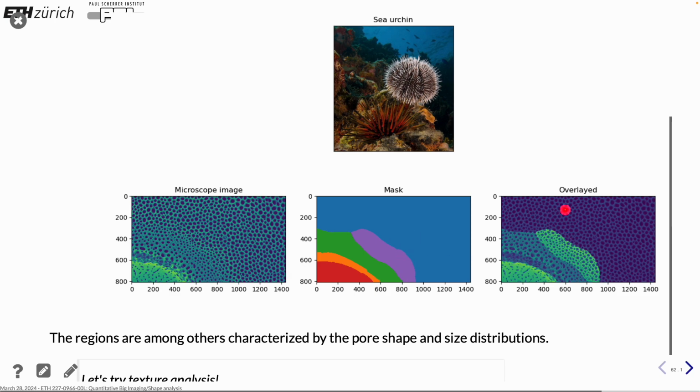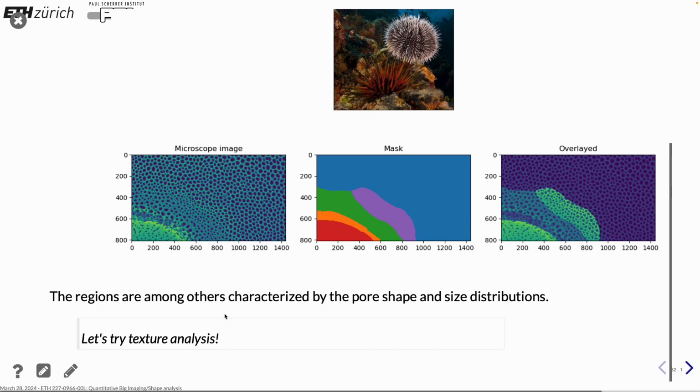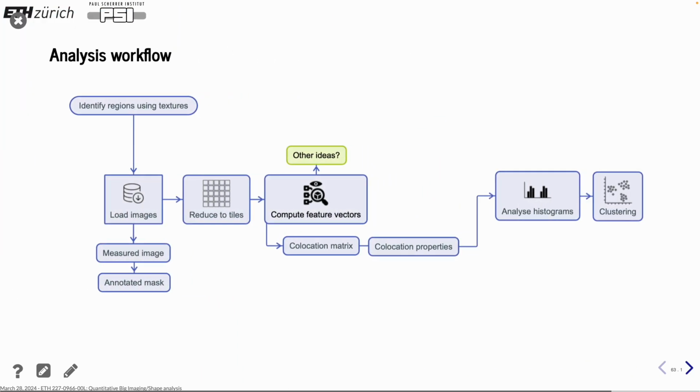If I overlay it with these regions, it looks like this. Then I tried to do some texture analysis based on this, looking at different properties that you can measure texture with. Typically we want to identify regions using the textures. So we load the images, maybe create some annotated mask.